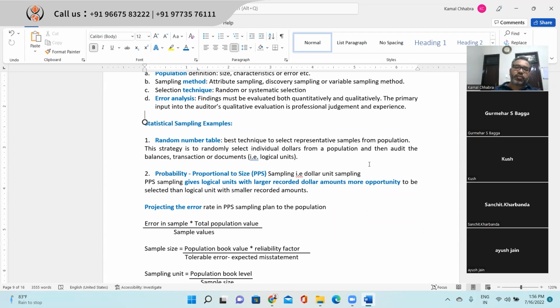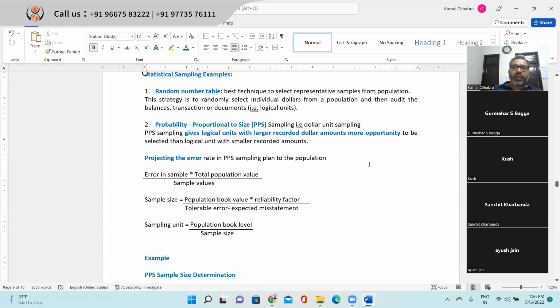This strategy is to randomly select the individual dollar from the population and then audit the balance, transaction, and document, or you can say a logical unit. For your exam purpose, keep in mind that random selection is the most effective tool which represents the sample from the entire population. If you keep this line in mind, I'm sure you'll crack the exam.